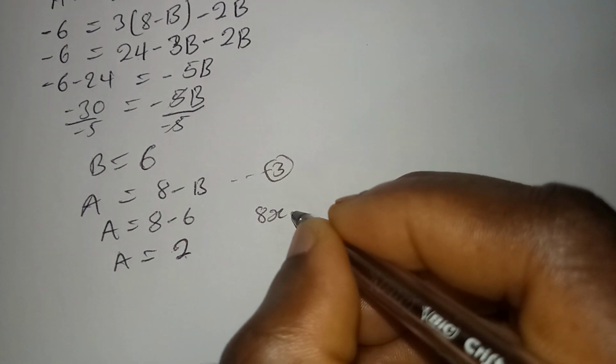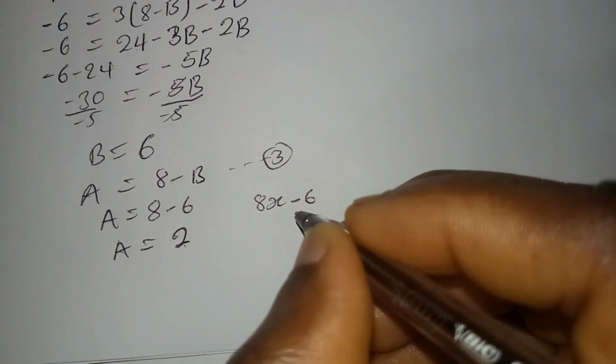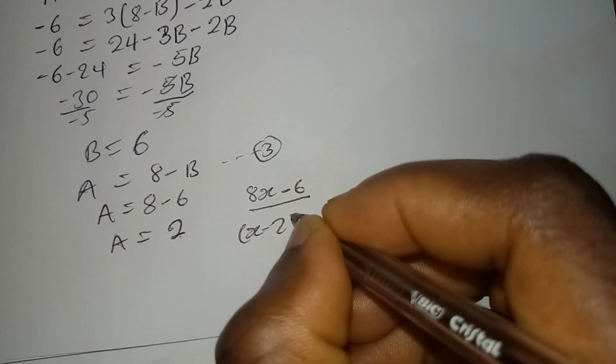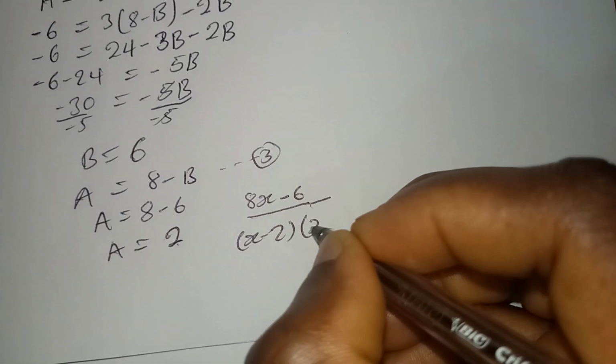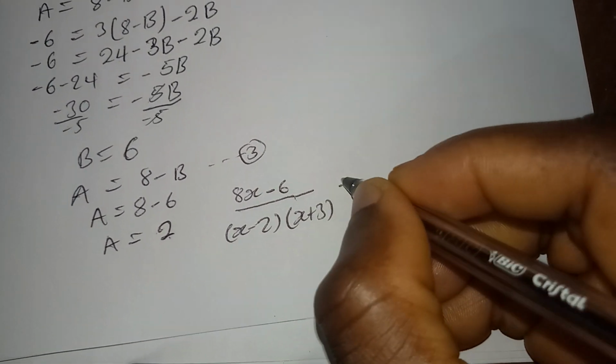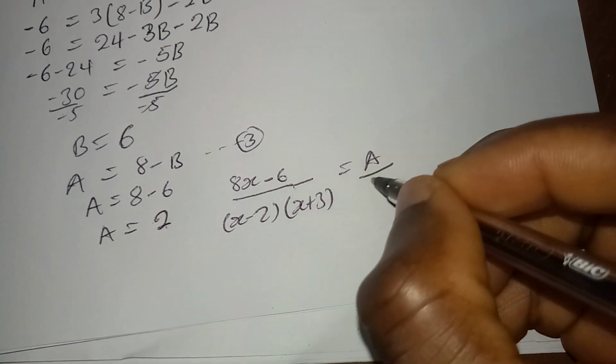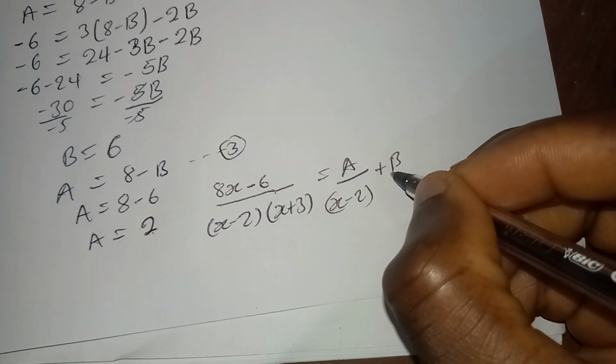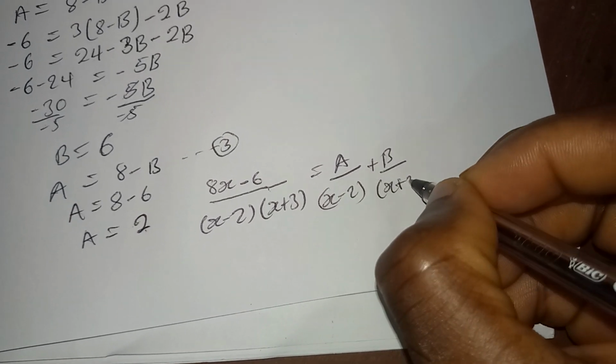So you realize that we have 8x minus 6 all over x minus 2, then x plus 3, which is equal to A over x minus 2 plus B over x plus 3.